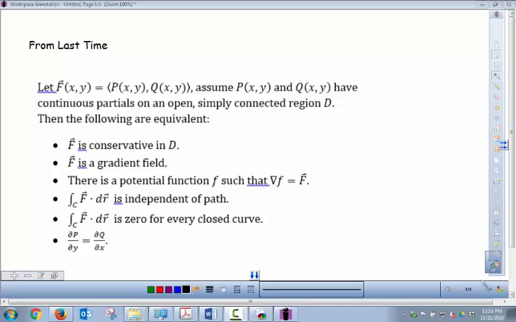But if it's a closed curve, then the endpoints are the same, right? Does that make sense? So it's like saying from something to that same thing, and you're subtracting it.